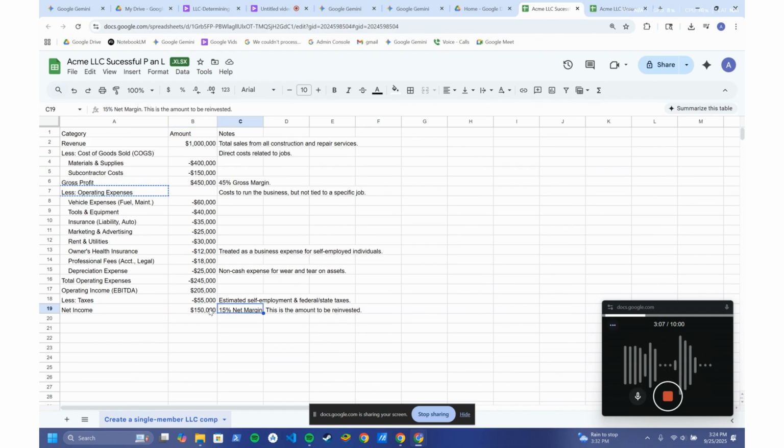So in this case, this is great because you're getting high above 10%, and plus the owner's draw is giving you way above 10%, and so we're good there.